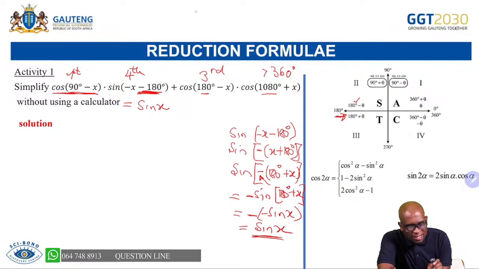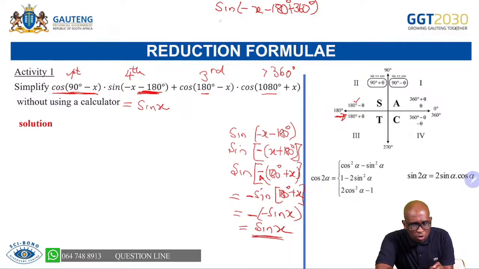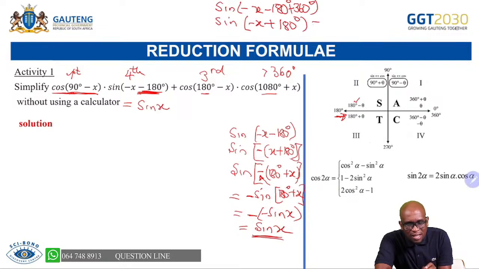You will be getting here, you have the sine of negative x minus 180. You will add 360 to that, but you won't be writing it explicitly. You will just add it in your calculator and check what you get. You will get that this is the sine of what? Negative x plus 180. So this is just the same as what?